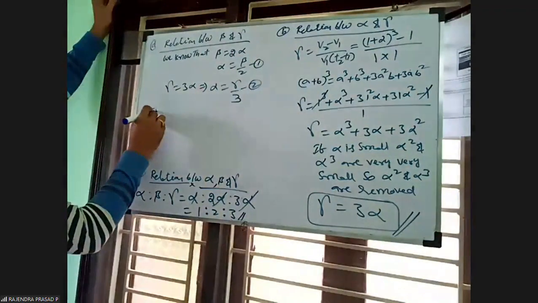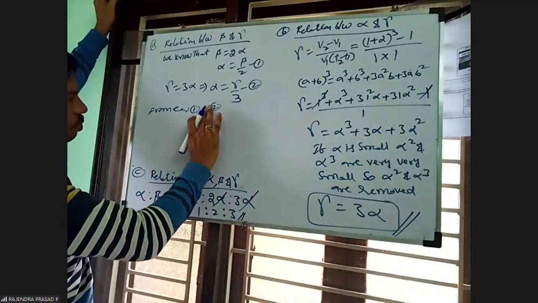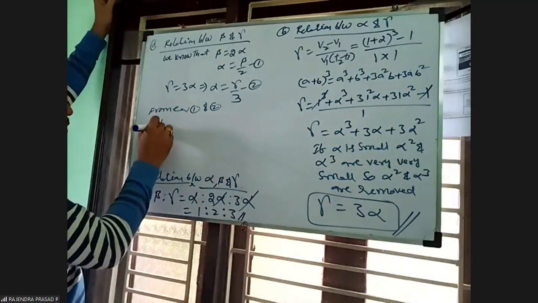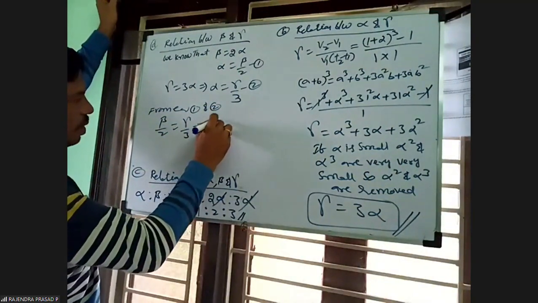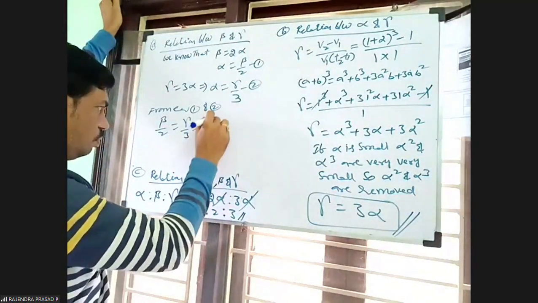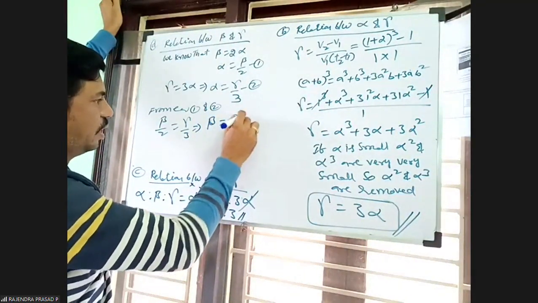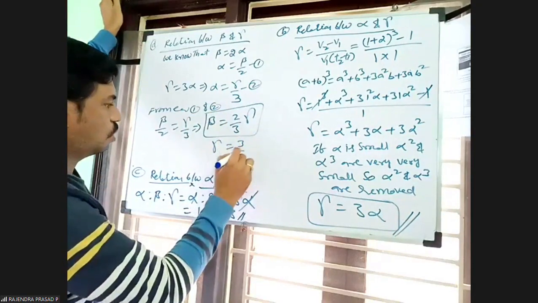From equations 1 and 2, beta by 2 is equal to gamma by 3. So beta equals 2 by 3 into gamma, or gamma equals 3 by 2 into beta.